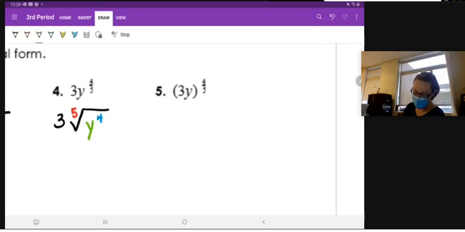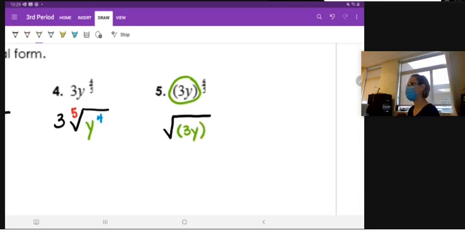Well, this exponent is touching a set of parentheses, which includes this whole expression, parentheses, 3y, parentheses. So when we go to convert this into a radical, the base is all of this, parentheses, 3y, parentheses.